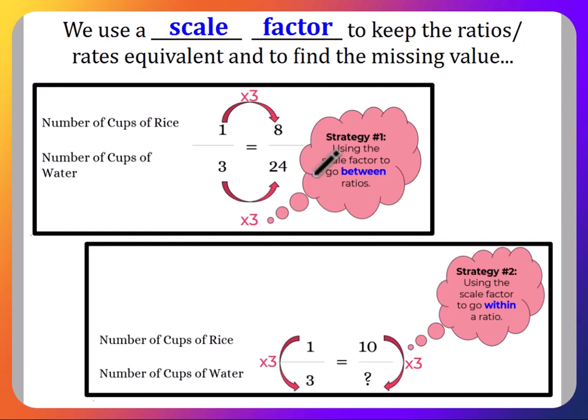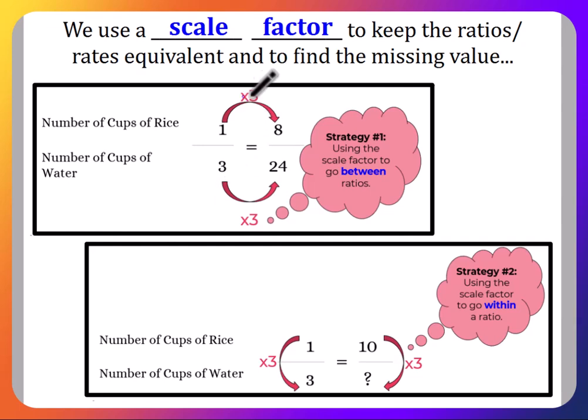Okay, the first way, strategy number 1, is we can use the scale factor between the ratios, going in between them. So in this example, the number of cups of rice is the top part of our ratio, the first part, and the bottom, or second part, is the number of cups of water. So we have a 1 to 3 ratio, and then we have an 8 to 24 ratio.